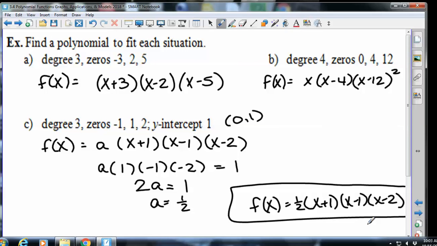So this side is 2a, the y-intercept is 1, and I solve for a. Other questions?